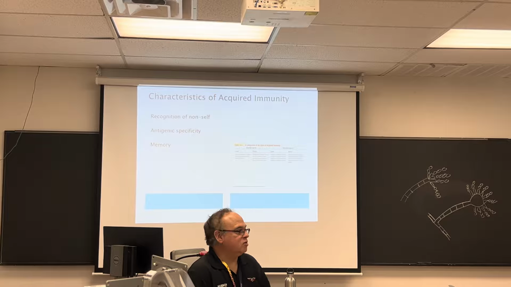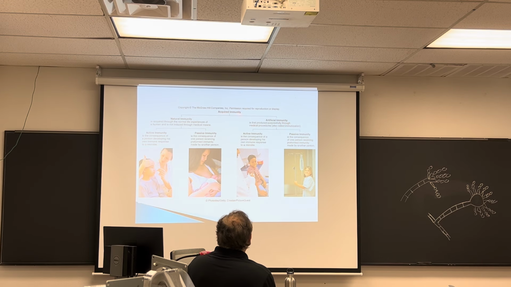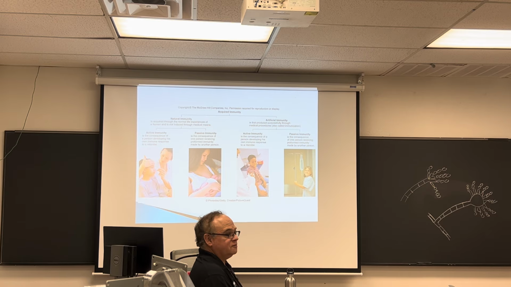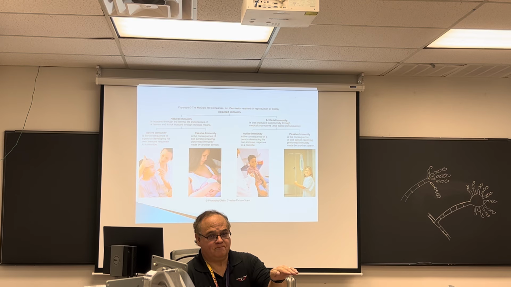Right? So this is my favorite diagram. It shows us acquired immunity. If we look at it, you can see there's naturally acquired and artificially acquired, and then there's active or passive. Let's talk about active first. Active, once you develop immunity actively, it is for life. You have it forever, okay?